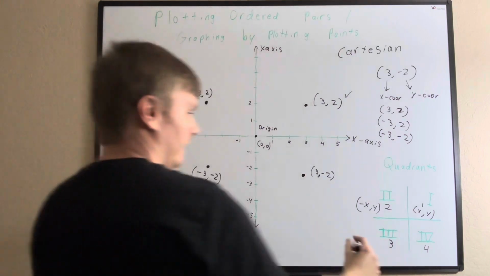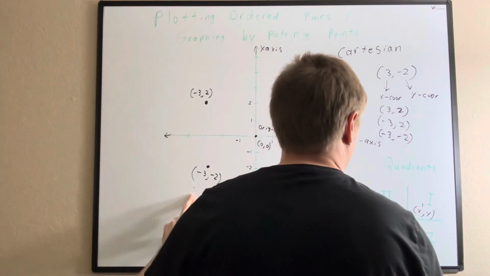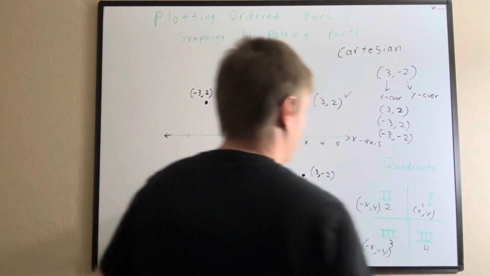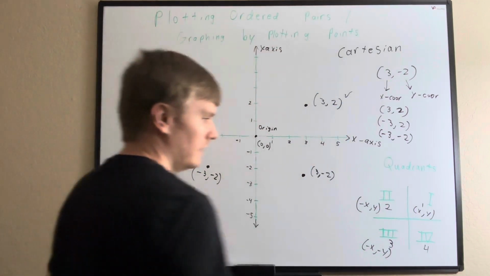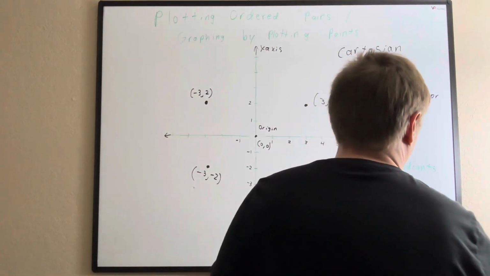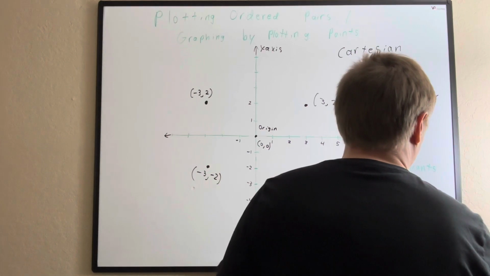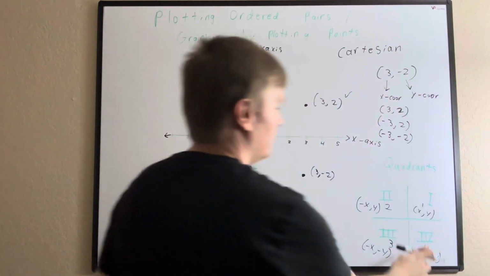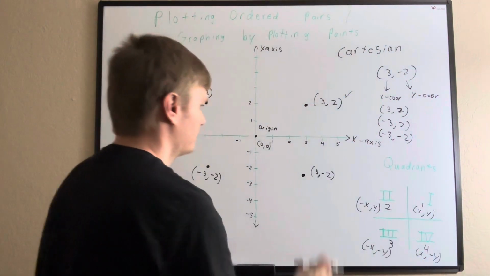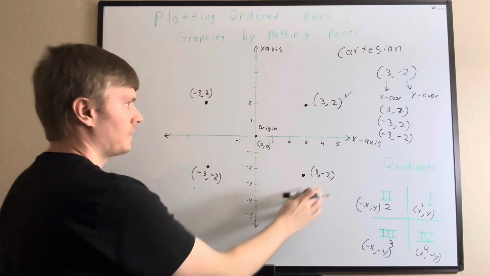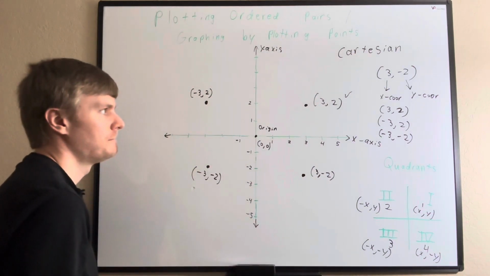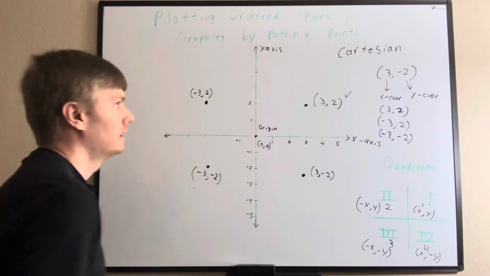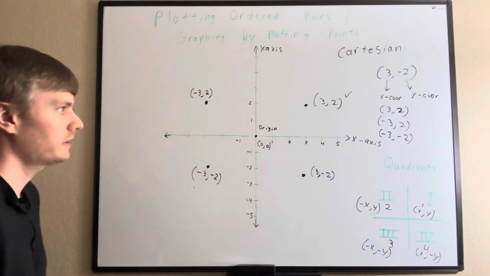If both are negative, we should be in quadrant 3. And if y is negative, we should be in quadrant 4. See that? That's how ordered pairs work.